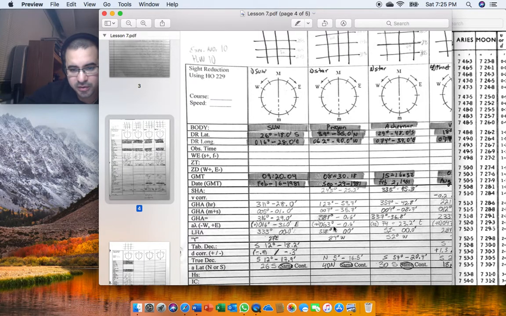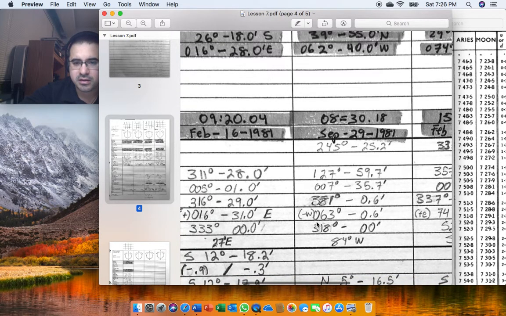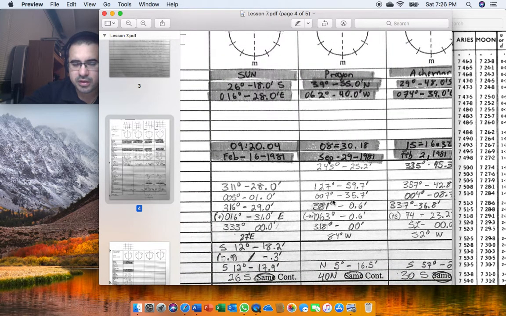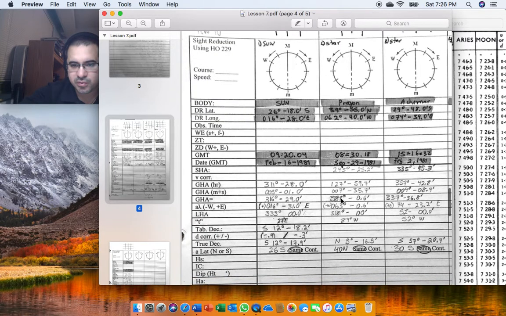Yep, we ended up with 21. So I should have put it on the side right here, like 21, that's what we're actually using. And then, are we west or east? We are west, so we bring it down.